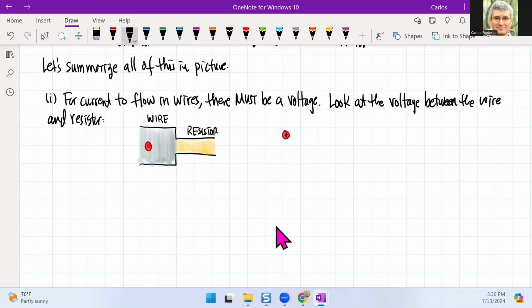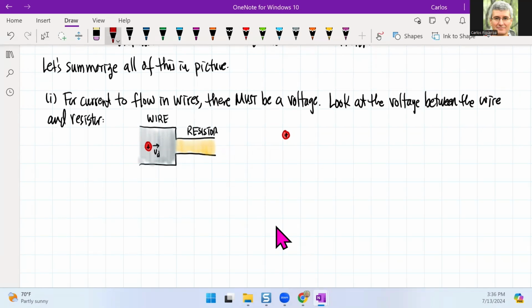And this charge is moving in the wire, because it's a fat wire, with a small drift velocity. When I'm looking at this, I need a voltage across that. Otherwise, that charge will not move. So I'm going to make arbitrary charges.